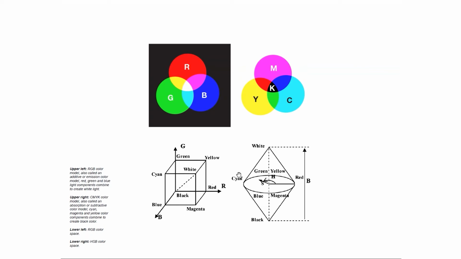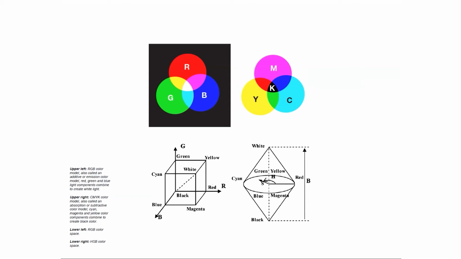And the same works with CMYK, which is this absorption or subtractive color model, where you have cyan, magenta, yellow, and then you add additionally this key, which is basically black. When these three mix, you get black, but it's a bit off black. It's not really nice black, so you can add an extra black to get this darker tone.